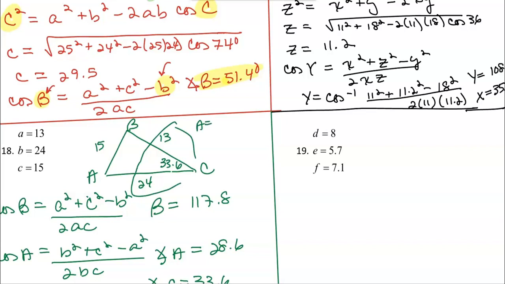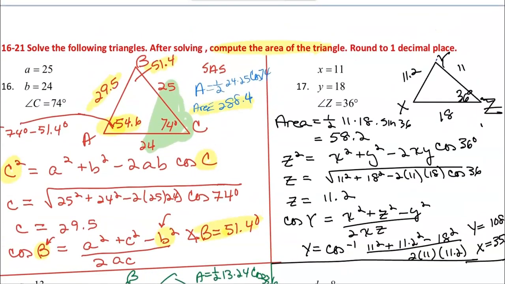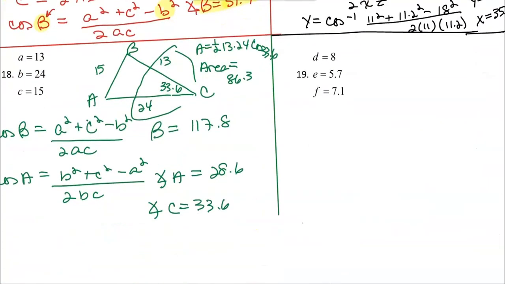So area equals 1/2 times 13 times 24 times the cosine of 33.6, and I got an area equal to 86.3. Did I do this other area for you? Yes, I did. So let's go on to 19.